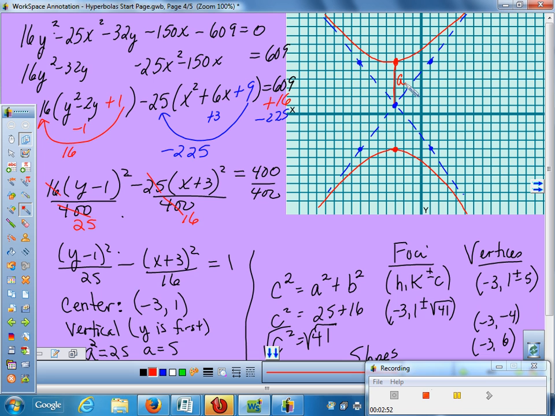So, haven't I talked to you about how many points this is worth come test time? If I had to do one where you completed the square, found all the parts and drew the graph, that's probably a 25-point problem. I won't have you complete the square on all the different shapes, all the different conics. I'll probably have you complete the square twice total on the whole test.